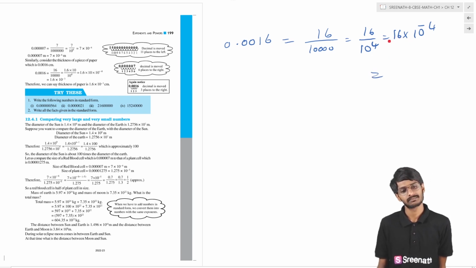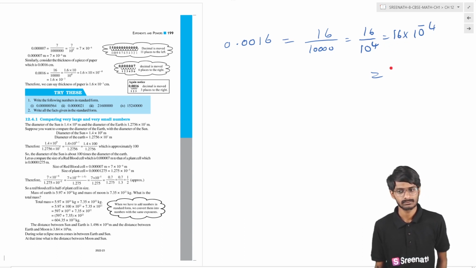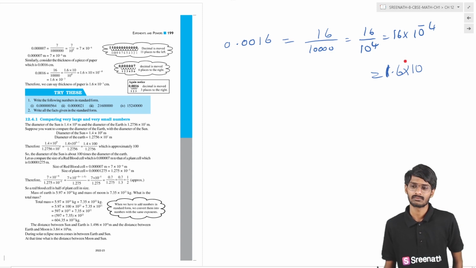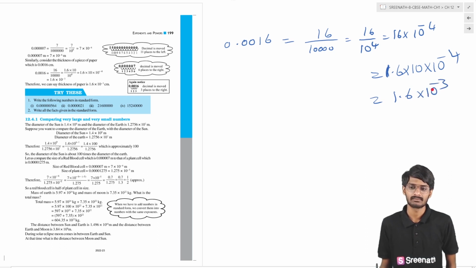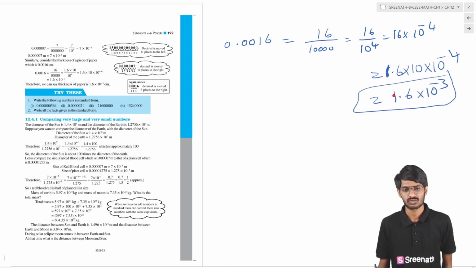We can write 16 as 1.6 into 10 also. Then that is equal to 10 power minus 4. Finally it will become 1.6 into 10 power minus 3. You can write like this also, students.